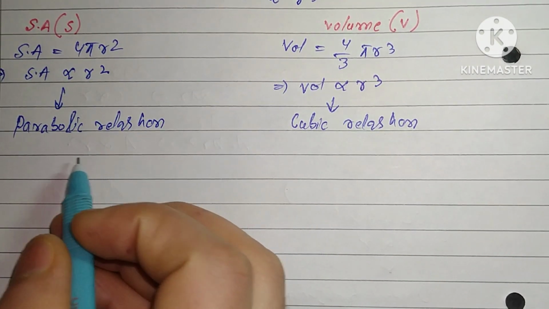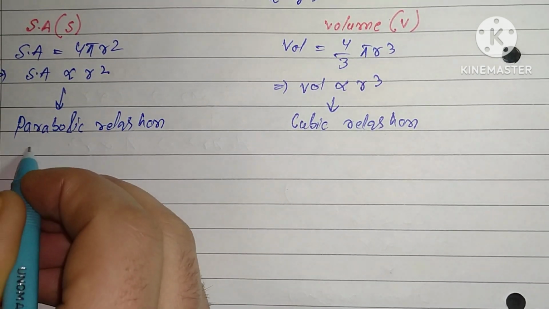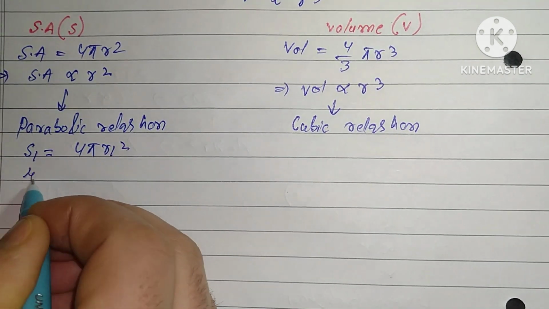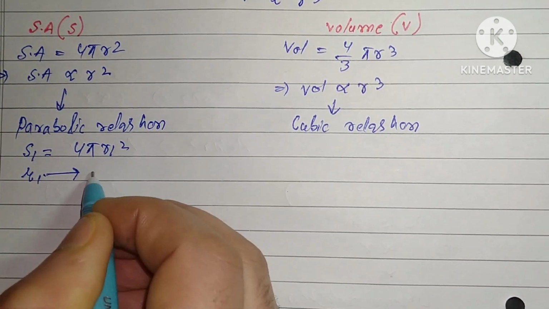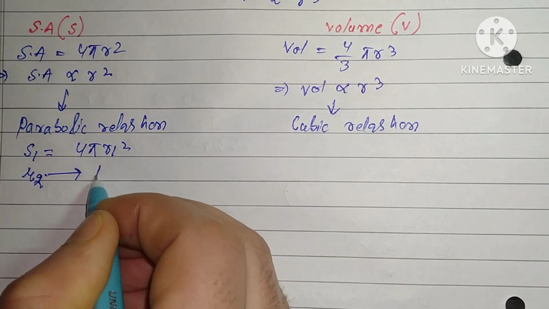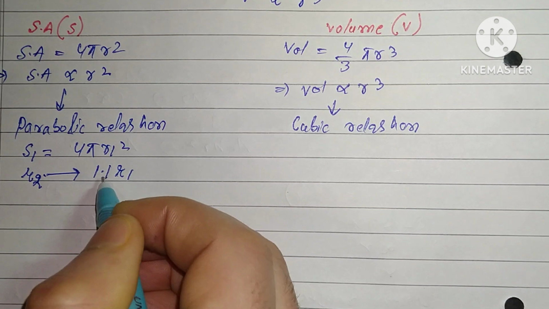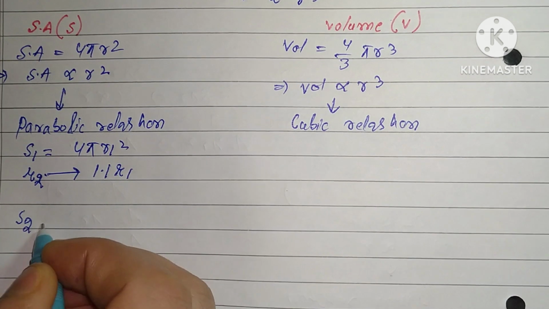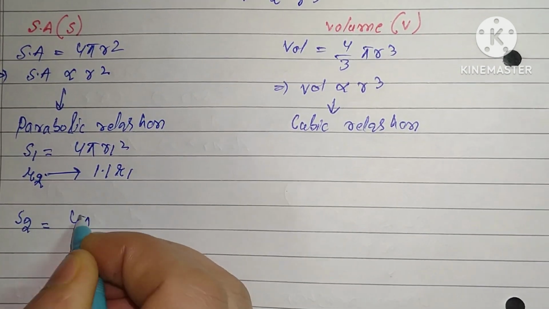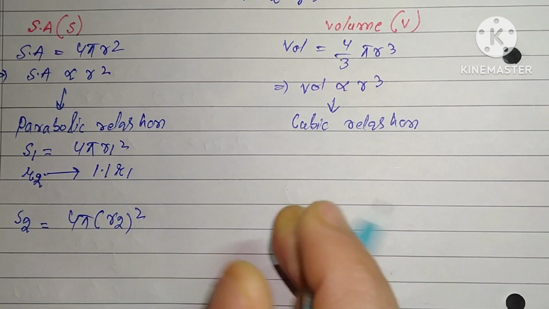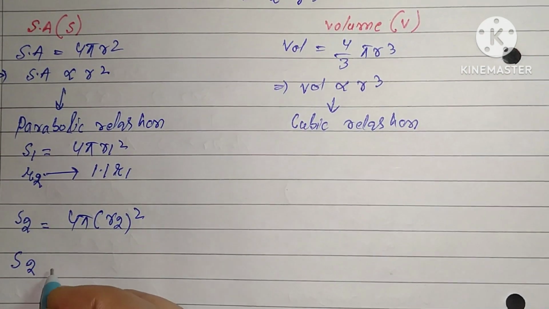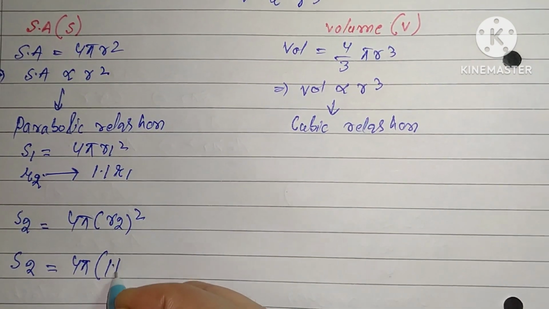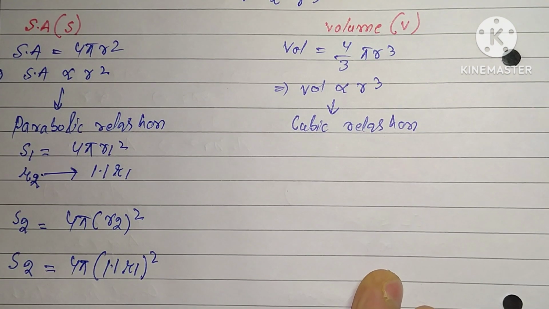Now if radius increases by 10%, the original surface area will be S1 is 4 pi r1 square. If radius increases by 10%, then it will become new radius 1.1 times r1. 1.1 means 10% increment, and the new surface area will be 4 pi and r2 square. That will be S2. 4 pi and r2 is what? 1.1 times r1 square.